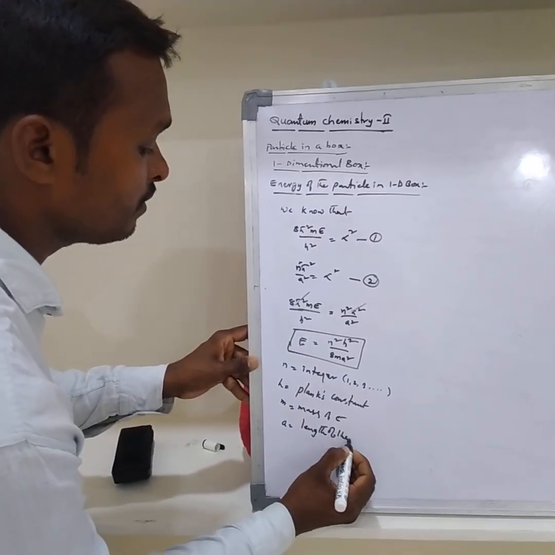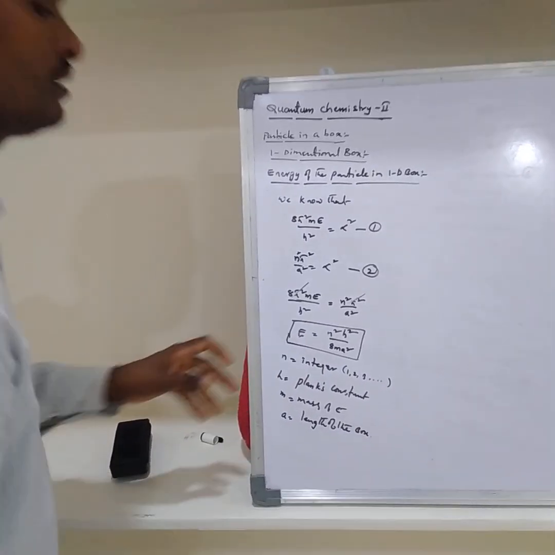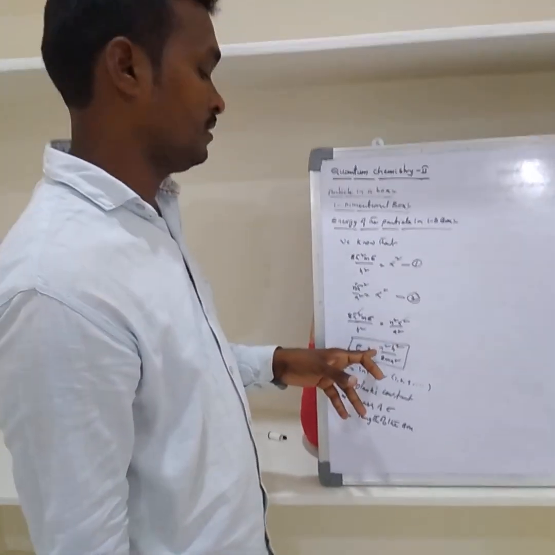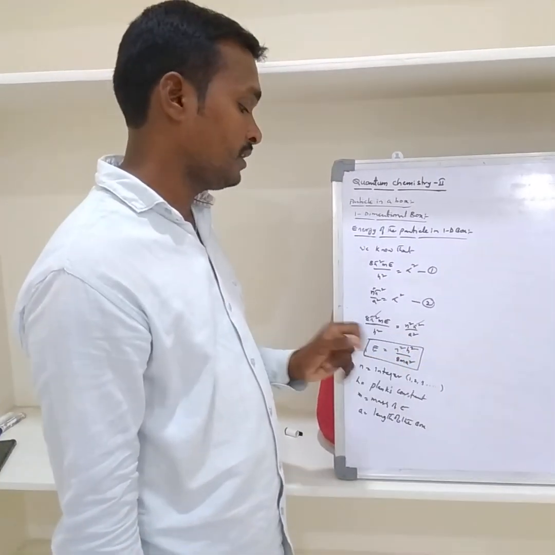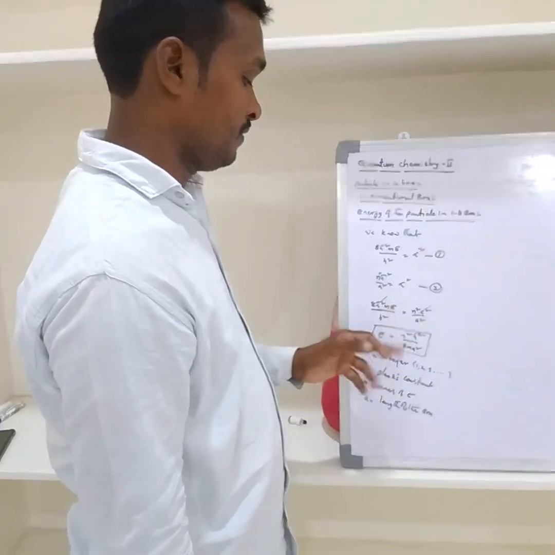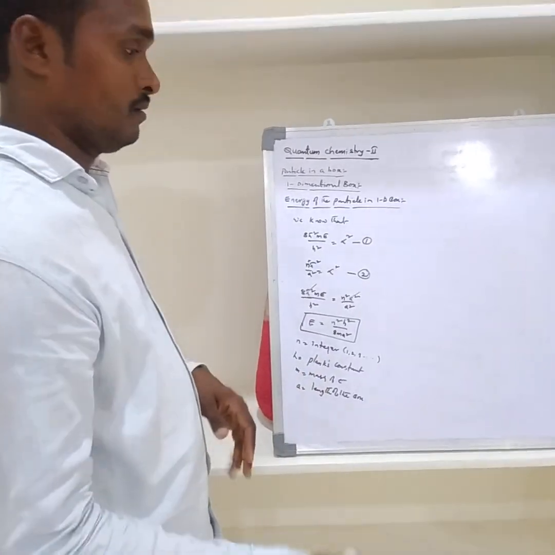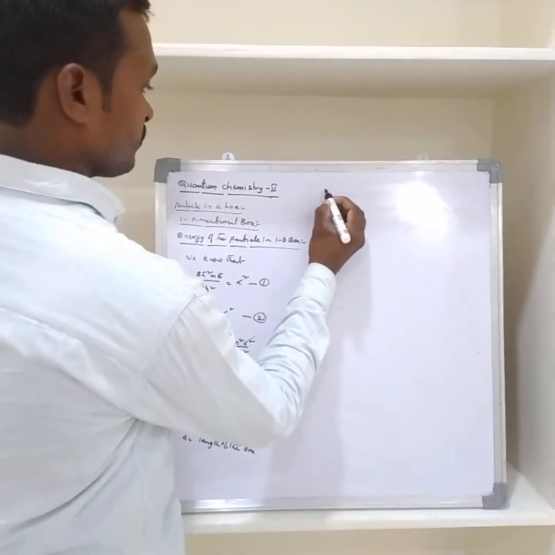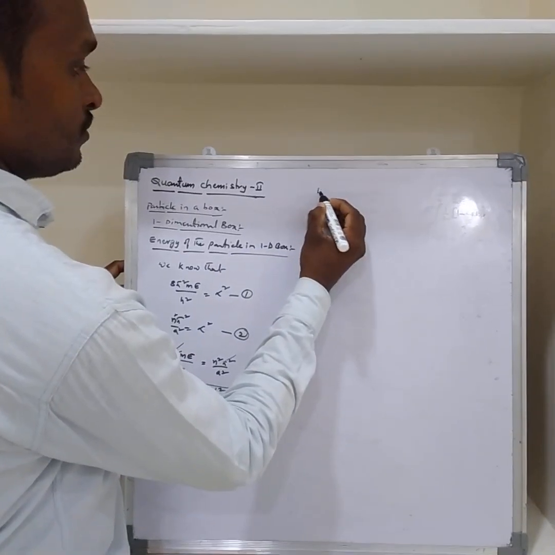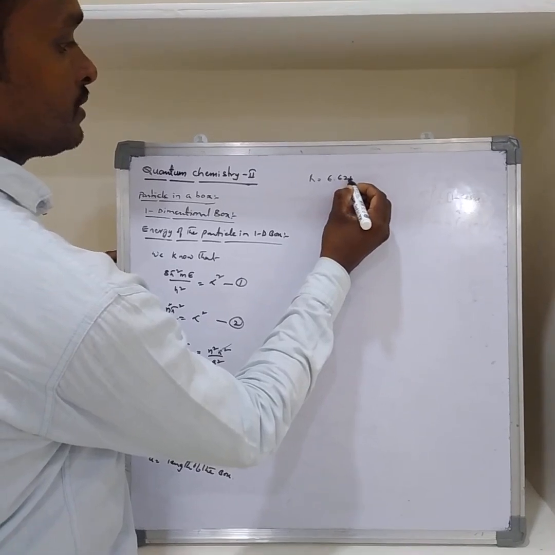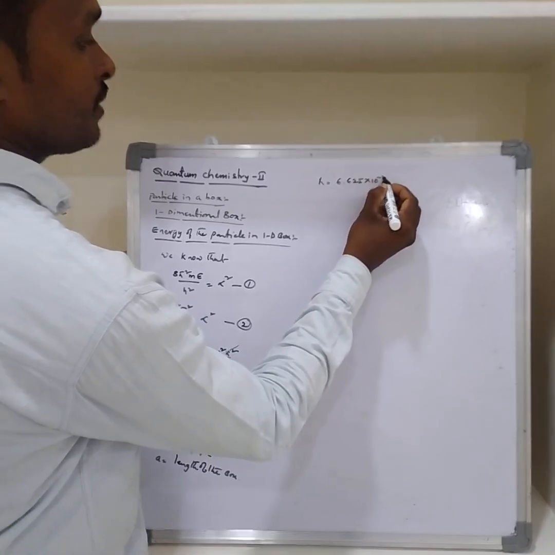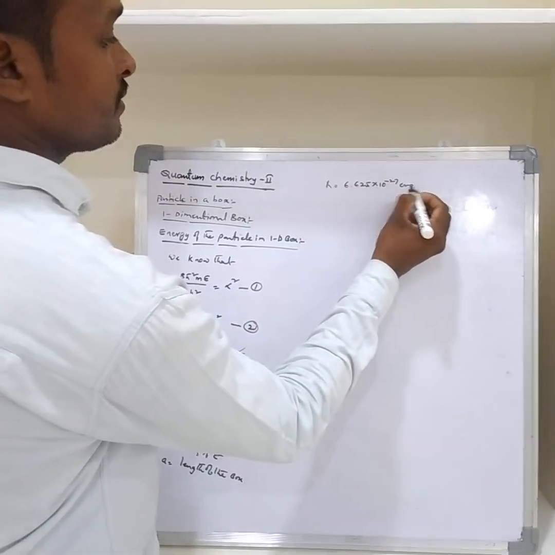A is the length of the box. This is also important for any competitive examination. The energy equation is E equal to n squared h squared by 8 m a squared. If there is a chance of being asked a problem in the semester examination, we take the h value, Planck's constant, as 6.625 into 10 power minus 27 erg second.